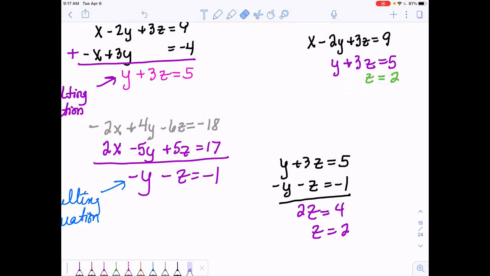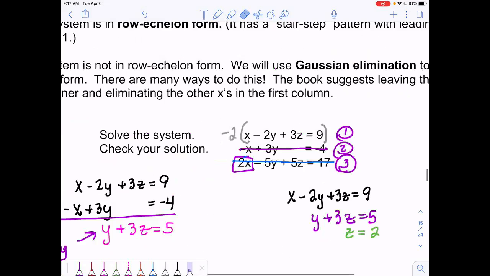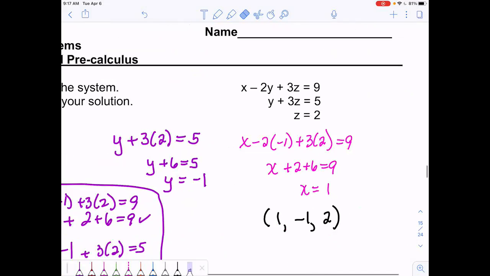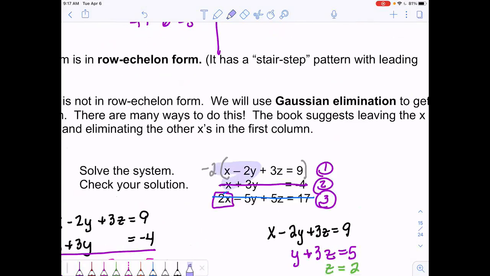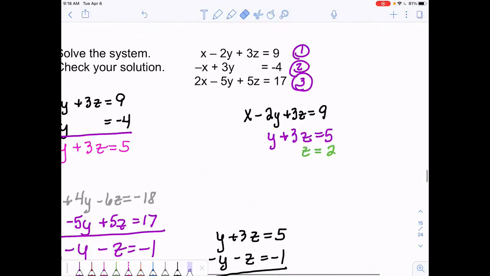If you go back to the first system, notice that is exactly what I gave you to start with. So we took a system that was not in Gaussian or row echelon form. We used elimination, Gaussian elimination 3 times, and we now have it in row echelon form.